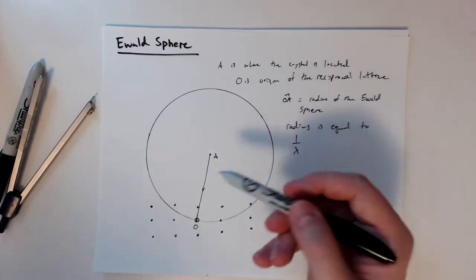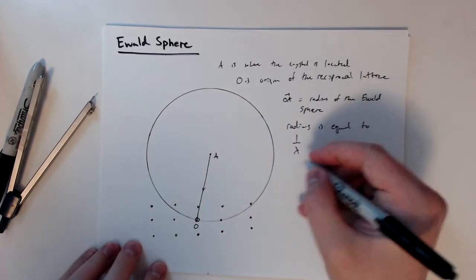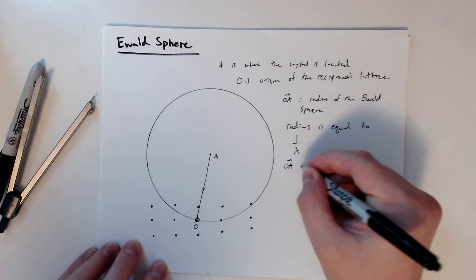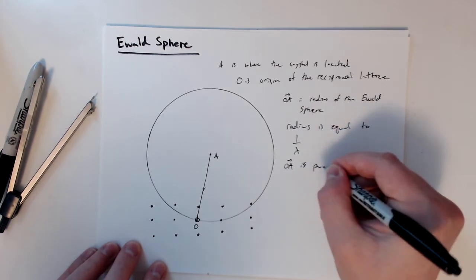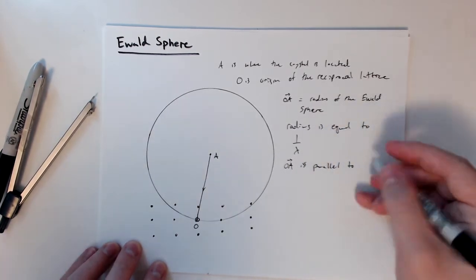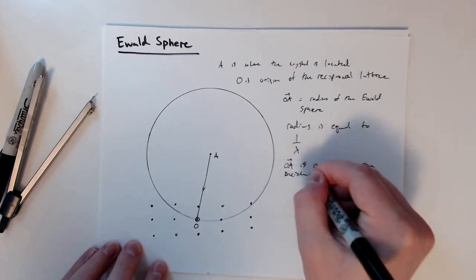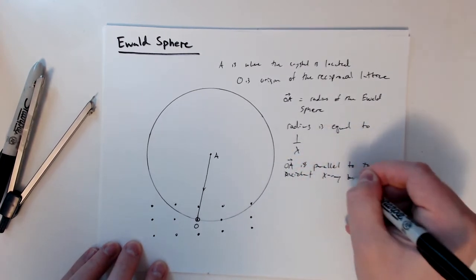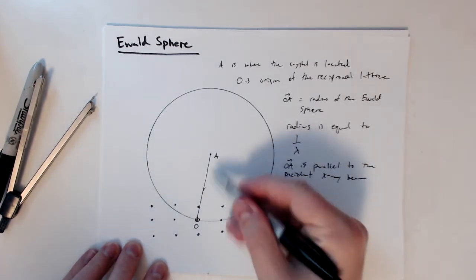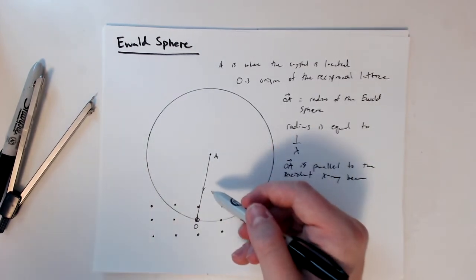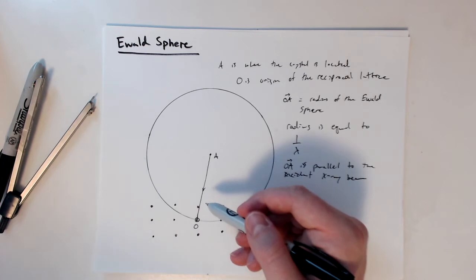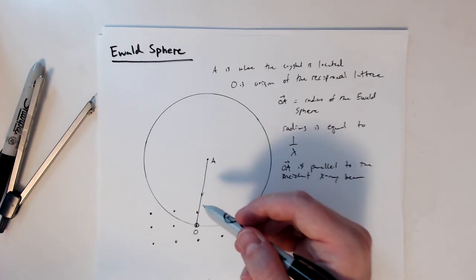OA is also parallel to the incident X-ray beam. That vector is basically in the same direction as the X-ray beam, which is an important part to mention.